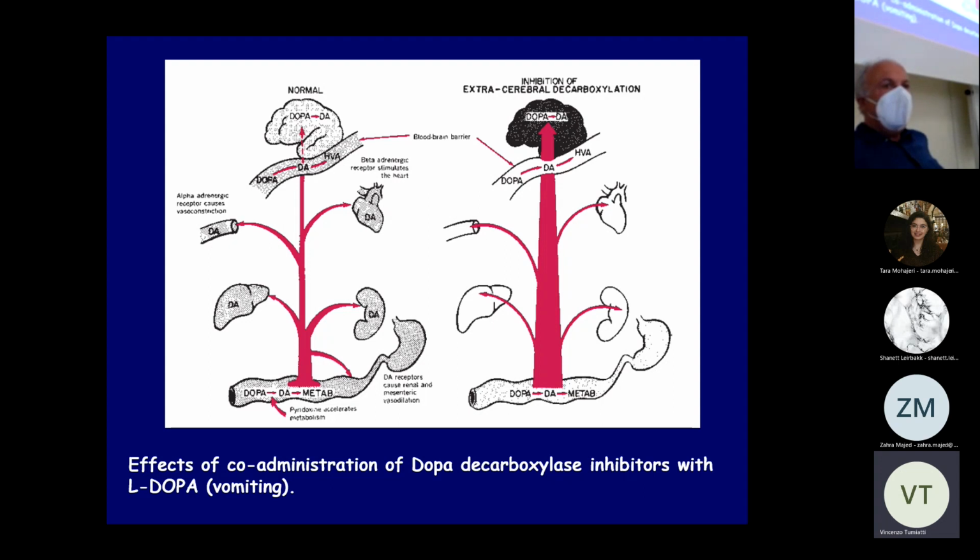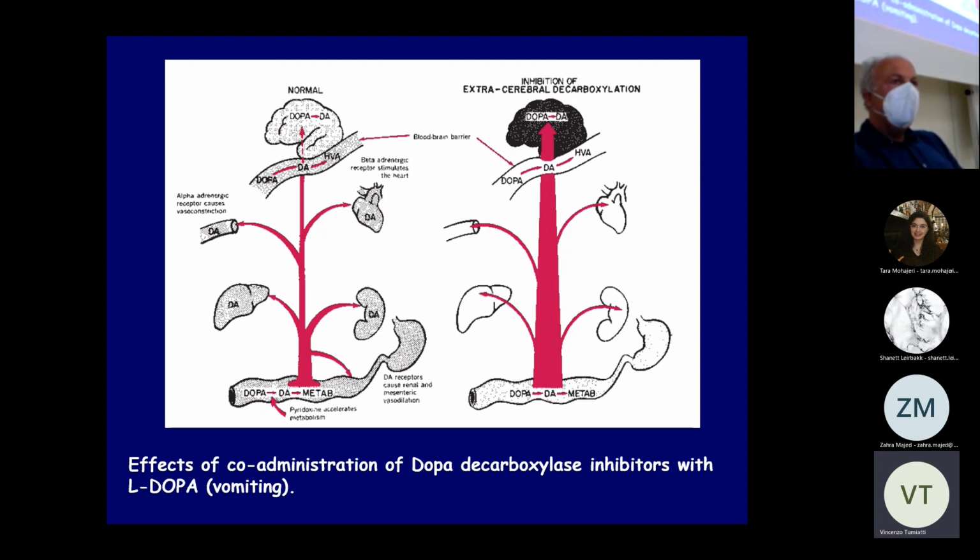And the transformation of L-DOPA into dopamine in the peripheral system is responsible for severe side effects. The first one is strong vomiting. Dopamine is an agonist on the stomach, and we have strong vomiting in the patient.